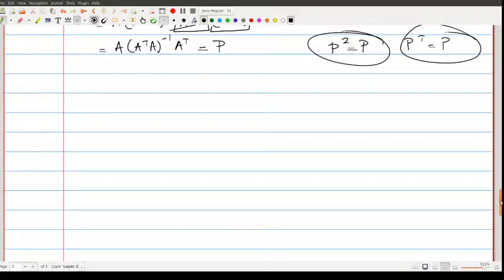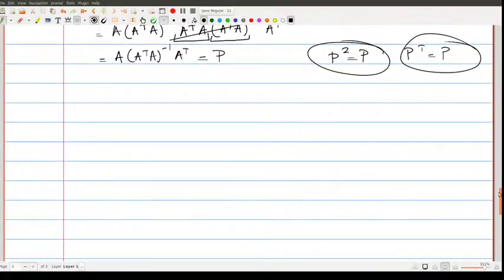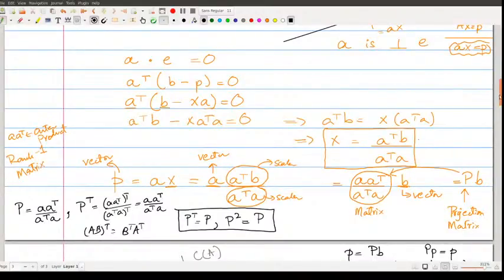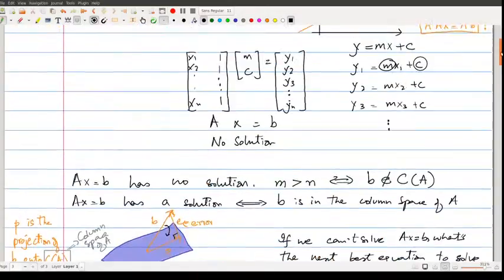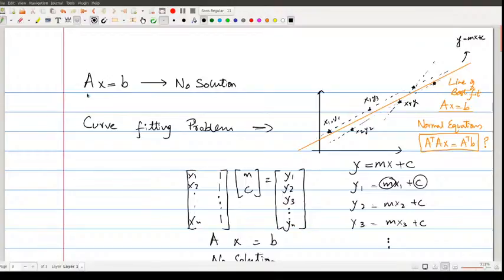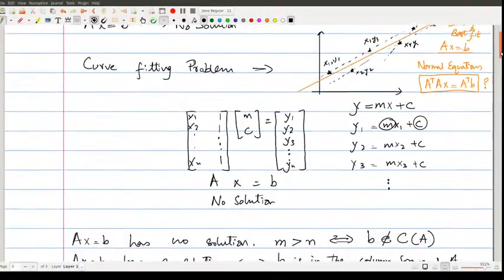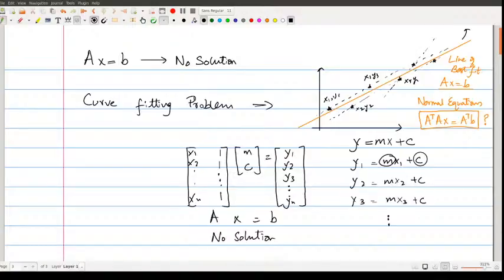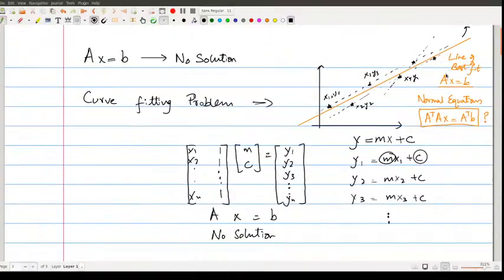Okay, so let me summarize what we went through in the first half of the lecture. We started off by discussing what we can do when we have a system that has no solution. And the answer was that if it doesn't have a solution, we can try to find the best possible solution, the best approximation that we can. And I gave you immediately how we get that solution.